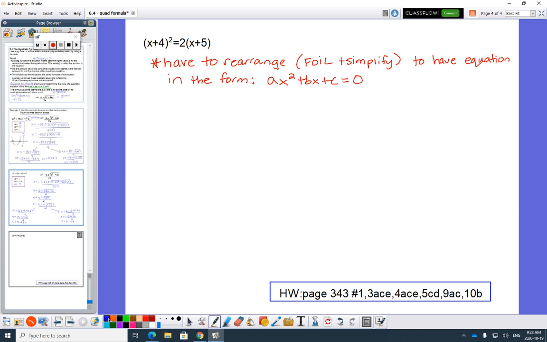So you can decide how many steps you need to show, okay? So the fact that it says squared, I would rewrite it like this.